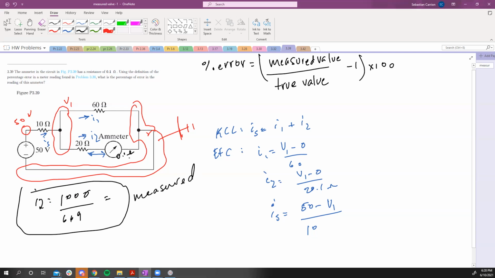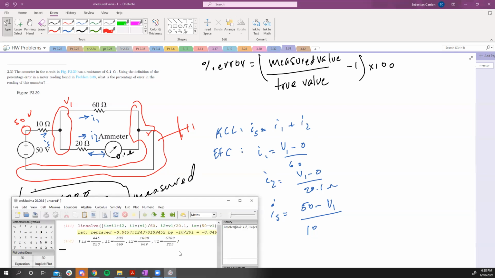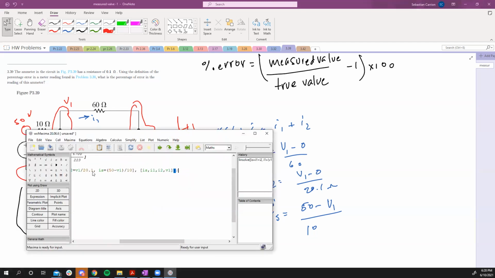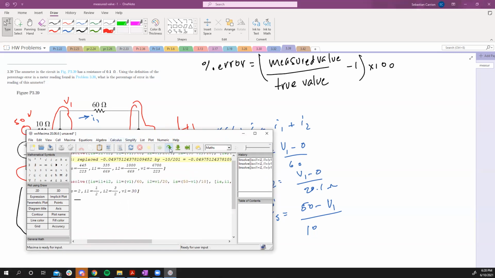For our true value, we don't necessarily account for the resistance that the ammeter gives us. So we would plug this in exactly the same, except instead of having 20.1, we would just have 20. So I can just copy this, plug this back down here, and then I just take out the 0.1 and boom.